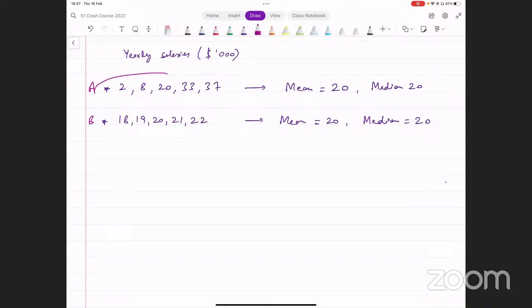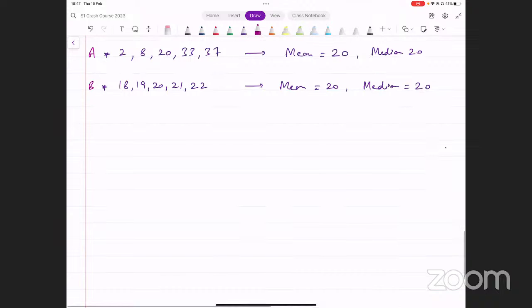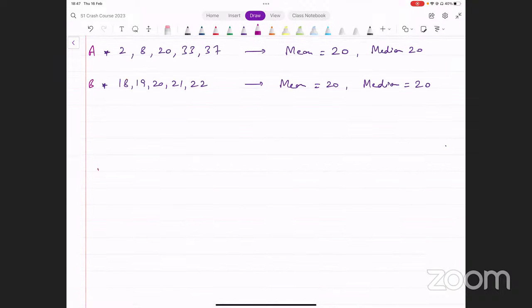So if we look at the first data, this is much more varied as compared to the second data. This is less varied. So in order to quantify this variation, we have some more measures, which we call measures of dispersion.